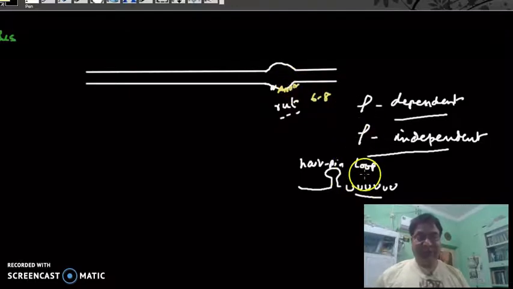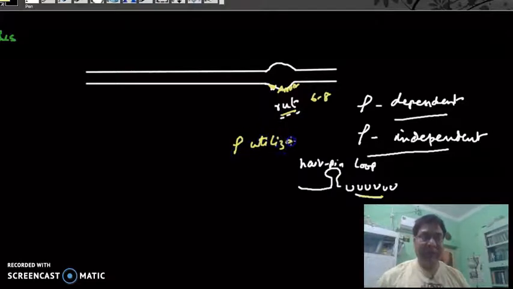This is one type, the rho independent type. Another is the rho dependent type that contains a consensus sequence here. It does not contain this hairpin and this kind of stretch of U. It is different. It contains a sequence called RUT, rho utilization sequence. So basically it is a consensus sequence.